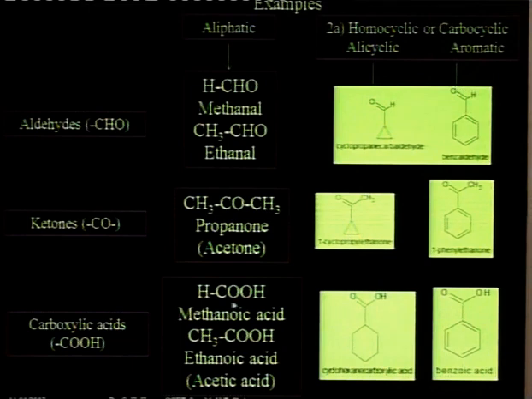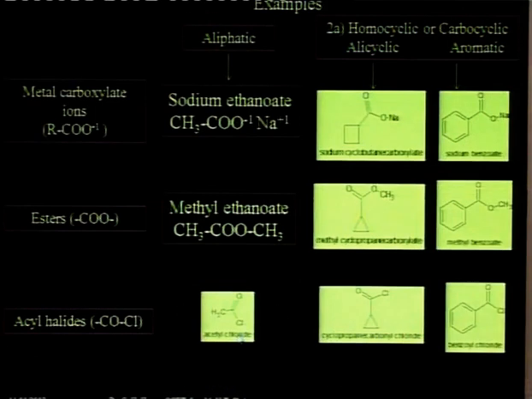Carboxylic acids, methanoic acid, formic acid it is, ethanoic acid what we call vinegar, and CH3COOH that is acetic acid. Methanoic acid HCOOH, these are all acidic compounds, and the one alicyclic compound I have is cyclohexane carboxylic acid, and benzoic acid is another example for aromatic acids.